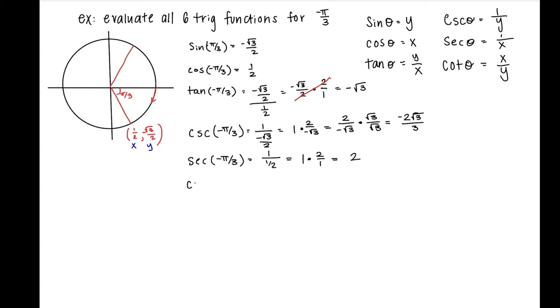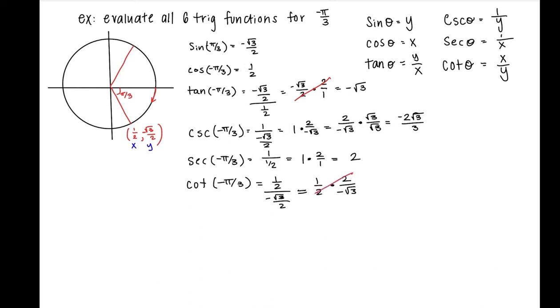My cotangent. Okay, my cotangent here is my x over my y value. So my x is 1/2. My y is negative root 3 over 2. Again, let's just deal with this mega fraction. 1/2 times 2 over negative root 3.